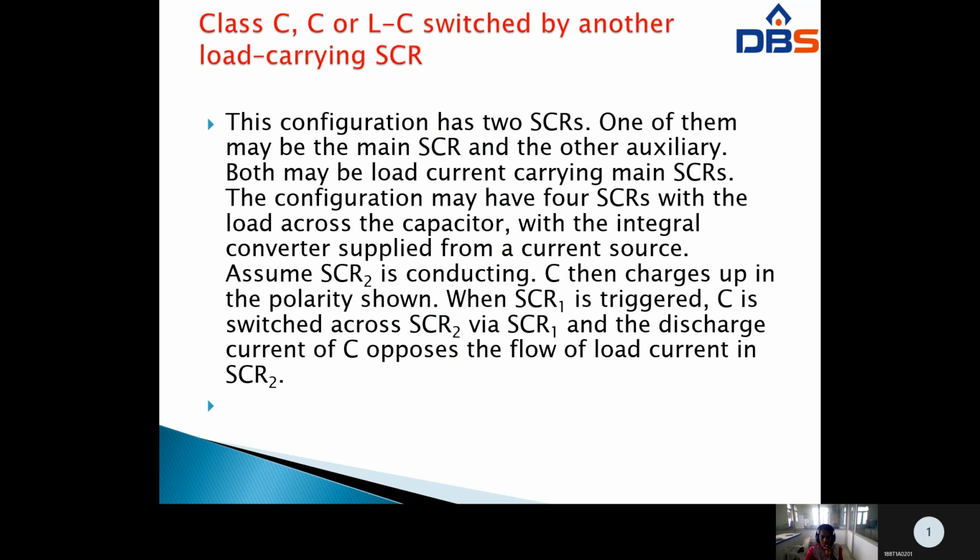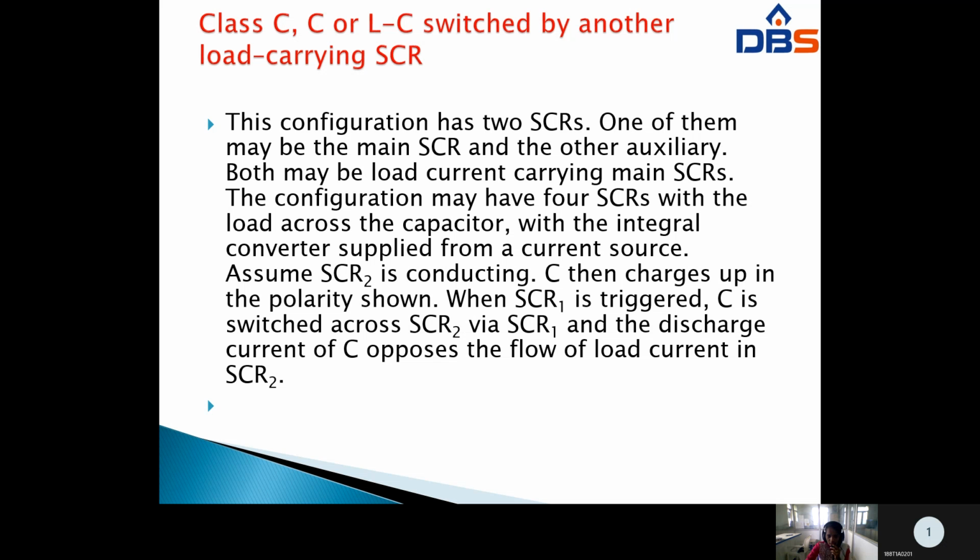So next, class C: C or LC switched by another load carrying SCR. Okay, so this configuration has two SCRs. One of them is the main SCR and the other is auxiliary. Both may be load current carrying. The configuration may have 4 SCRs with the load across the capacitor, with the integral converter supplied from the current source.